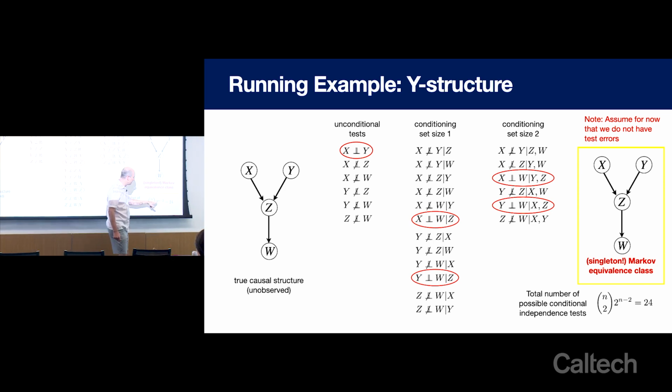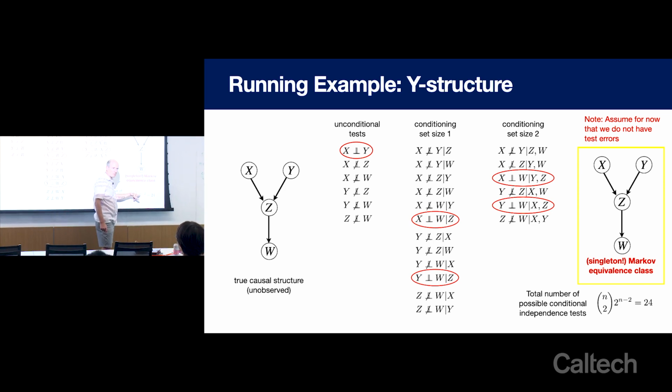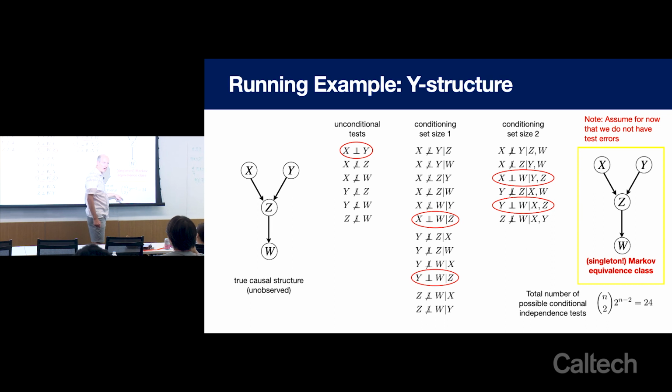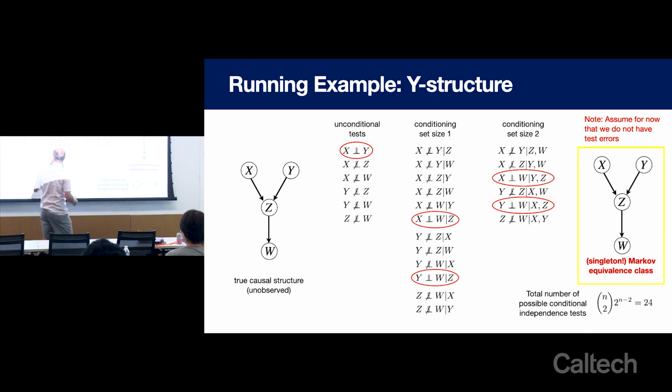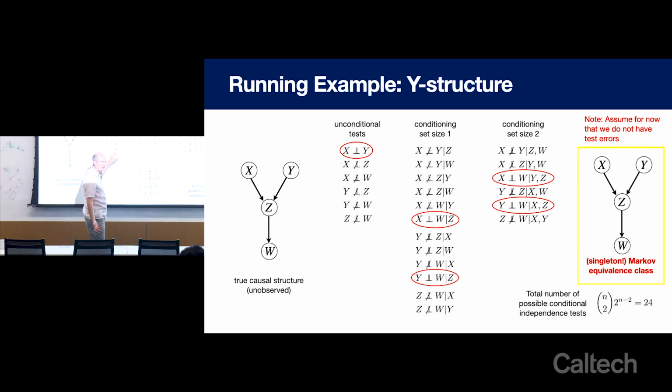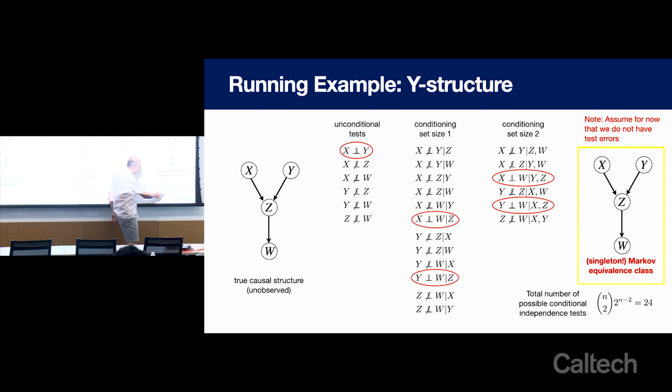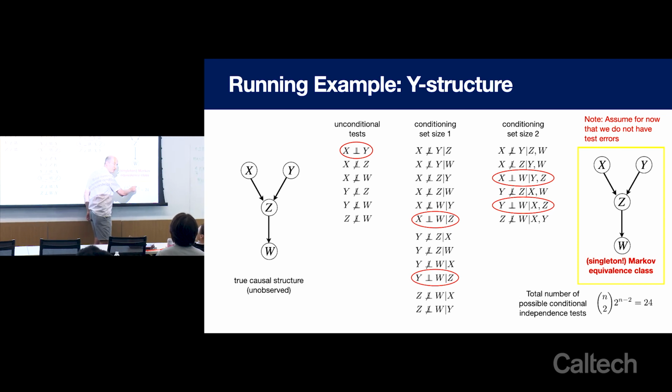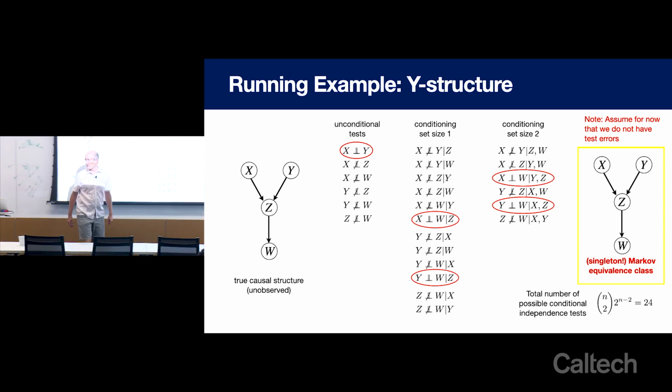Now notice I have to subtract 2 variables because they are already the pair that I'm considering, right? I don't test z is independent of w given w. That doesn't make any sense, right? So this gives me the number of pairs, and this gives me the number of conditioning sets that I can have, right? And then unfortunately it explodes.